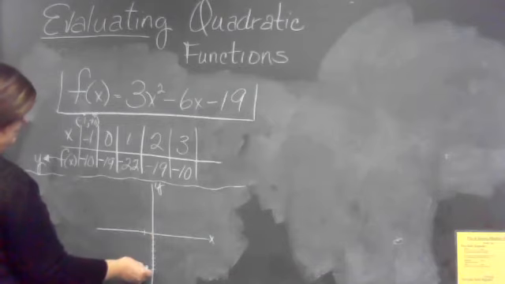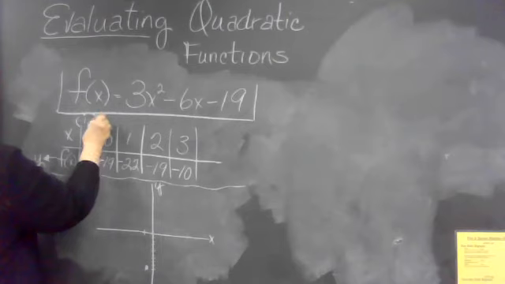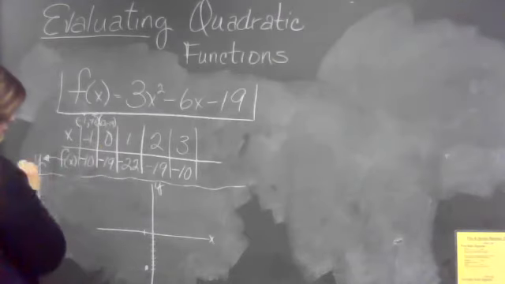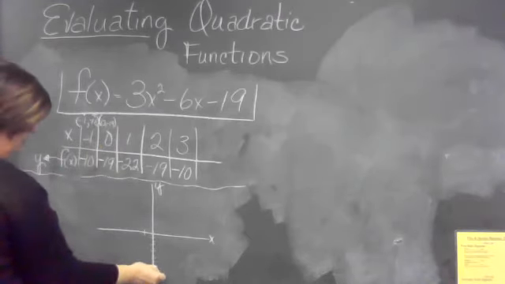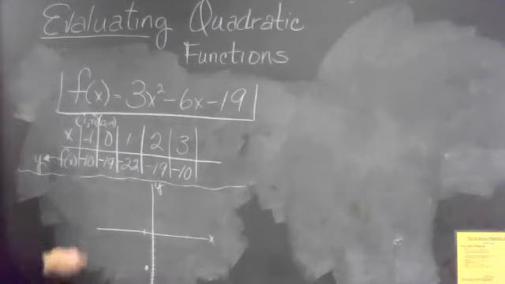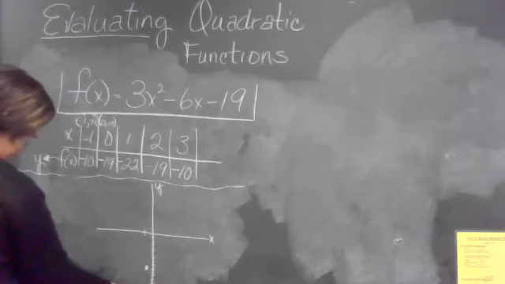-1, -10. This one is 0, -19. So I've got 11, 12, 13, 14, 15, 16, 17, 18, 19. 0, I don't go anywhere on the X because it says go 0. Then -19 is right here.